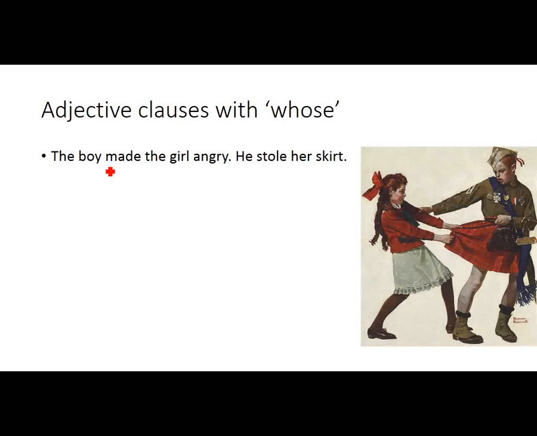The boy made the girl angry. He stole her skirt. We can see here with her, skirt, that's going to be replaced by whose, but also all of this, her skirt, is going to need to go to the front of the adjective clause, and all of that is going to need to go right here after girl.